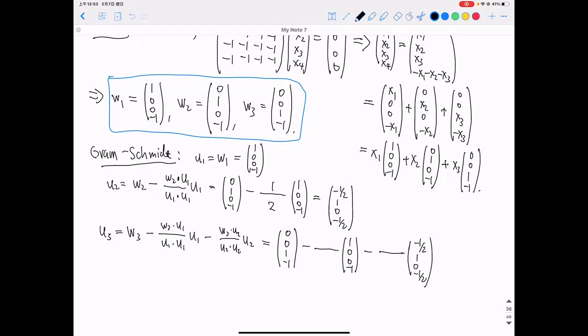Now what are these numbers? U1 dot U1 is still 2. W3 dot U1 is again a 1. U2 dot U2 is complicated now: a quarter, another quarter, a half, so 3 halves. Now W3 dot U2 is not too bad, just a half.